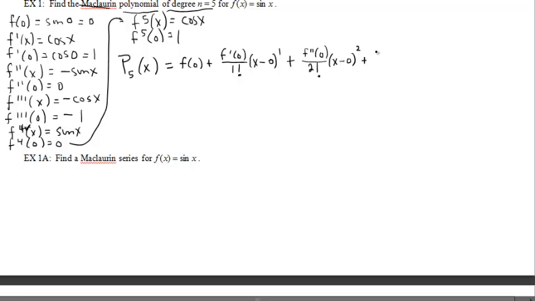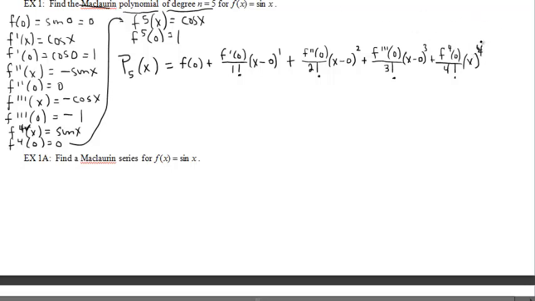Fifth degree, so I've got to go up to the fifth power. So this next coefficient is third derivative at 0, over 3 factorial, times x minus 0 cubed. Because I'm going to run out of room, I'm just going to put x there, x to the fourth.